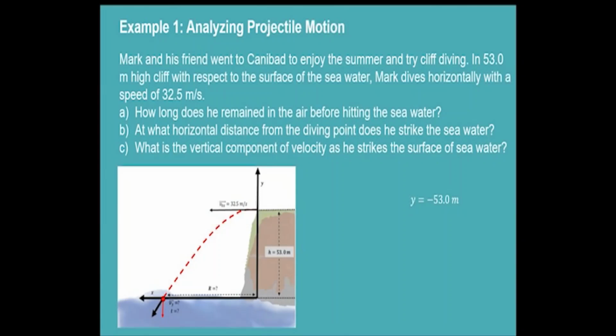If we're going to illustrate that one, this is now our illustration. From the surface of the water to this point, the diving point or the launching pad of Mark, it has a height of 53.0 meters. Okay? And then the range is calculated from this point to this point, where this point represents the position where Mark hits the surface.